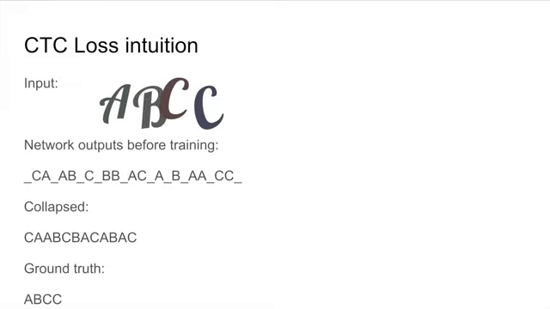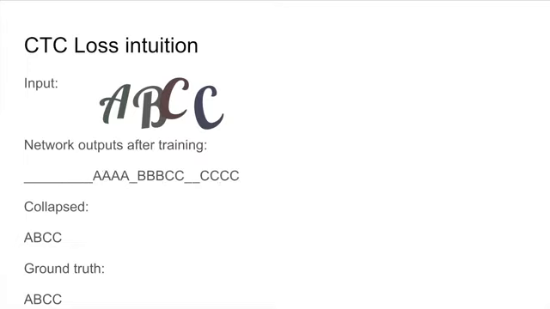So the idea is that we extract some feature representation from this that preserves the relative spatial information of the different characters, and then we pass from left to right those features into an RNN, and we will output a probability distribution over characters, and say we take the character with max probability at each step, and with random initialization, we get this output, which collapses to this long thing, which is obviously pretty far from the ground truth. And the goal is, after training, we may produce some path that collapses to the ground truth.